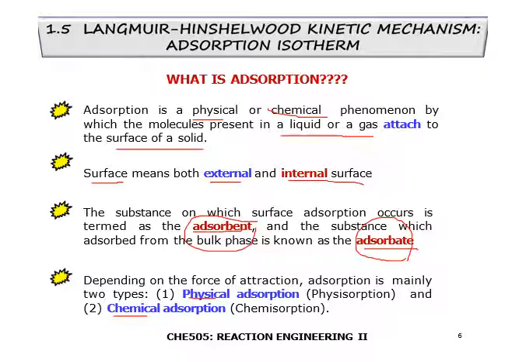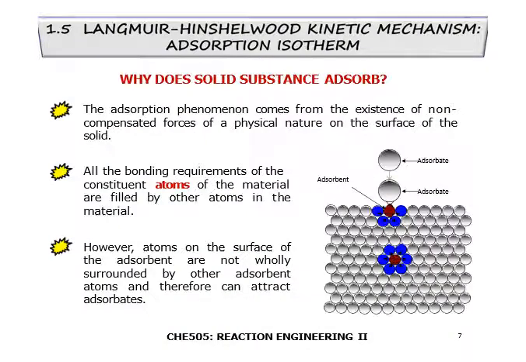So we'll be looking on the further definition of this physical and also chemical adsorption. So this is the figure to illustrate the meaning of adsorption happens. So let's say this is adsorbate. Adsorbate is the molecules yang daripada reactant, sama ada fluid ataupun sama ada in liquid or gas form. So katalah area, this one is adsorbent.